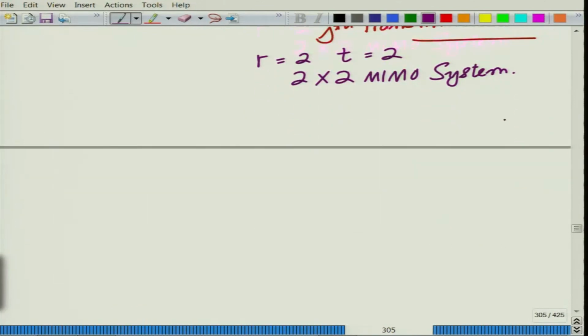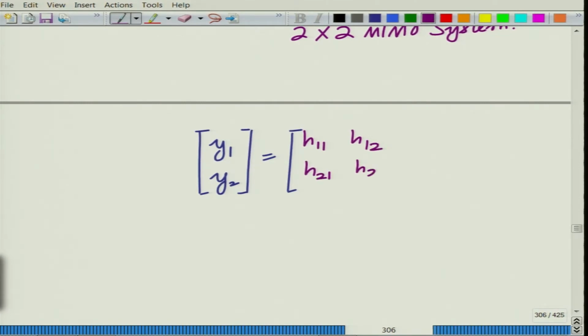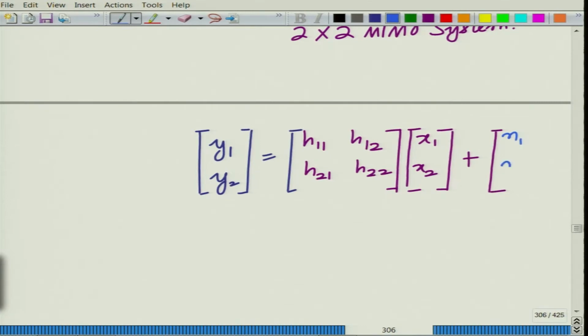Now, the 2 cross 2 MIMO system model: you have two outputs y1, y2, and you can write these as the channel coefficients h11, h12, h21, h22 times x1, x2 plus the noise, which is n1, n2.